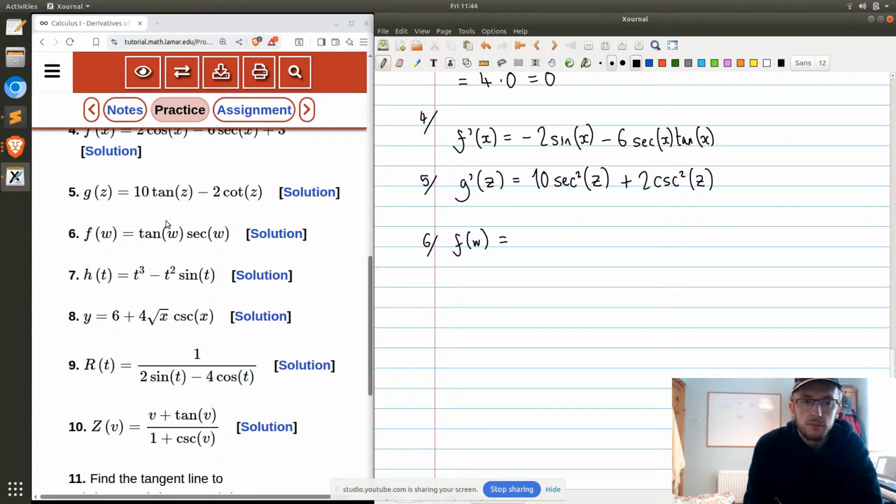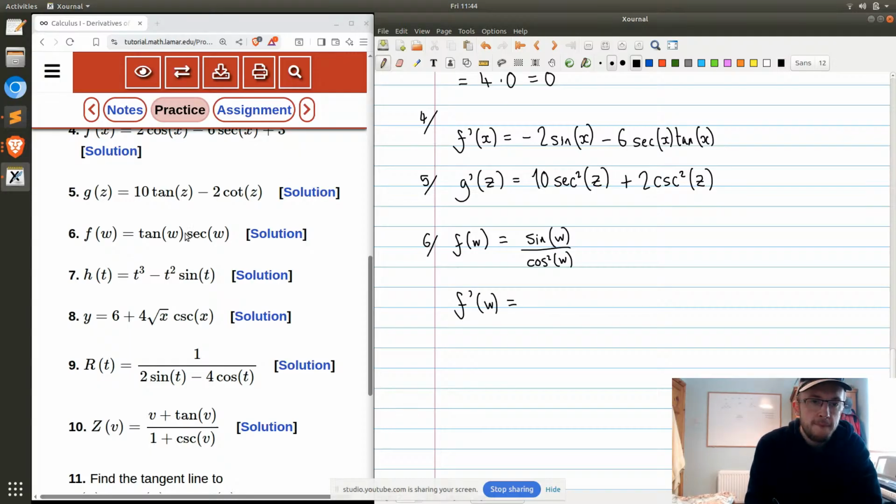But let's also just say what it is by definition then. So that's sine w over cosine w, and that's 1 over cosine w. So that's sine w over cosine squared w. So if I was really in trouble, I could do this. Nonetheless, we are going to use the product rule.